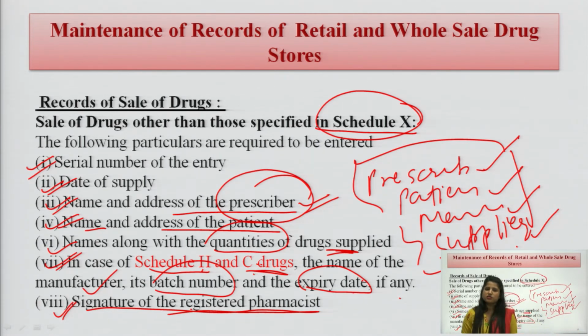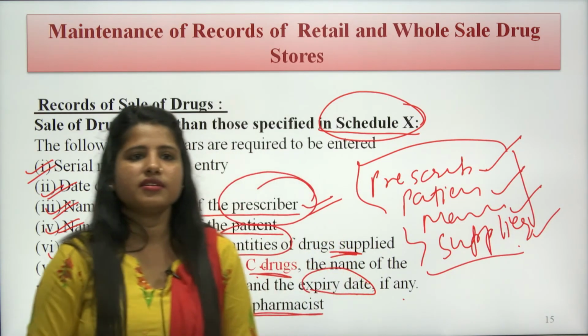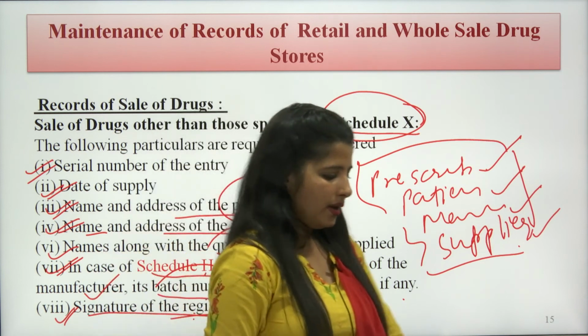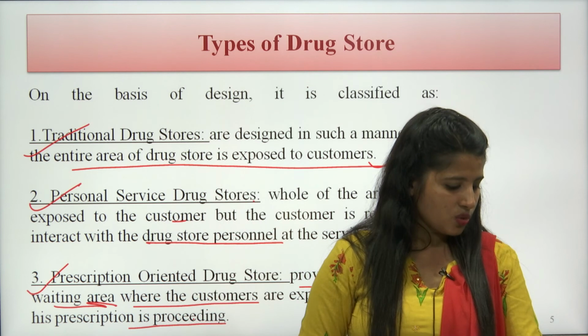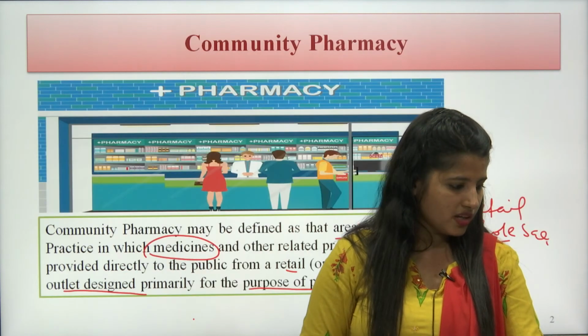There are some points which are needed for the recording of the sale of drugs, either in schedule C or other than schedule C, for schedule H. So, in this whole session what we have discussed is what a drug store is and the site selection criteria, how the drug store should be and what the area should be.